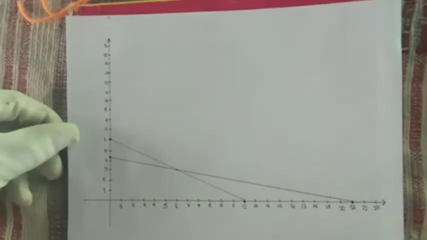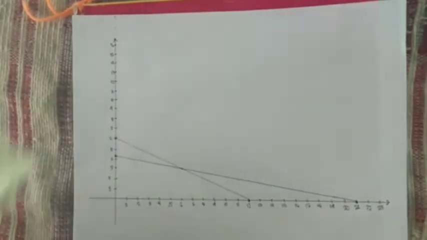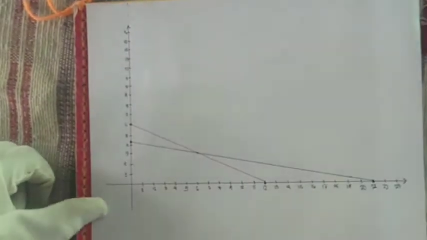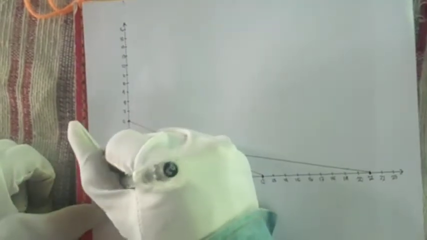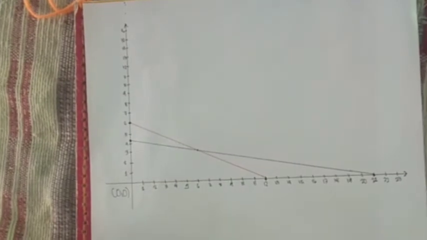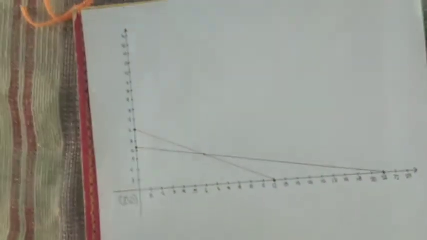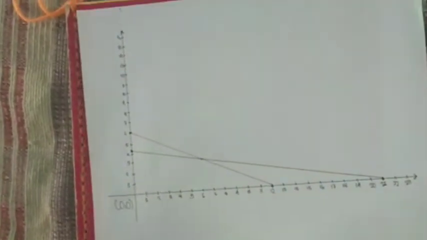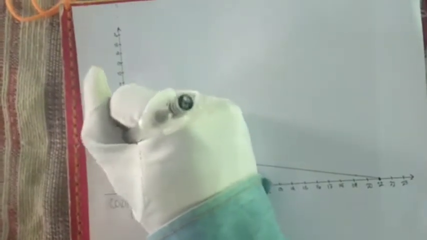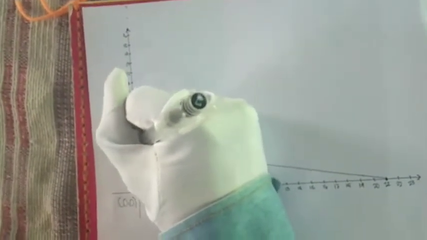So our point 1 is (0, 0). Our point 2 is (0, 4.2). This is our point 1, this is our point 2.